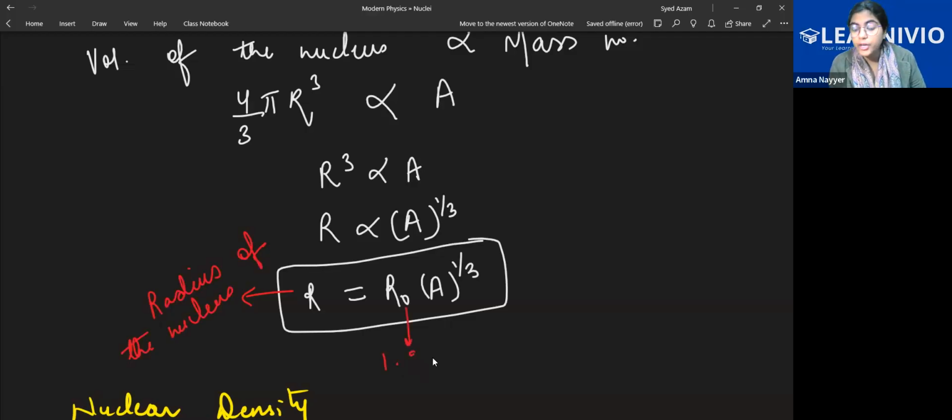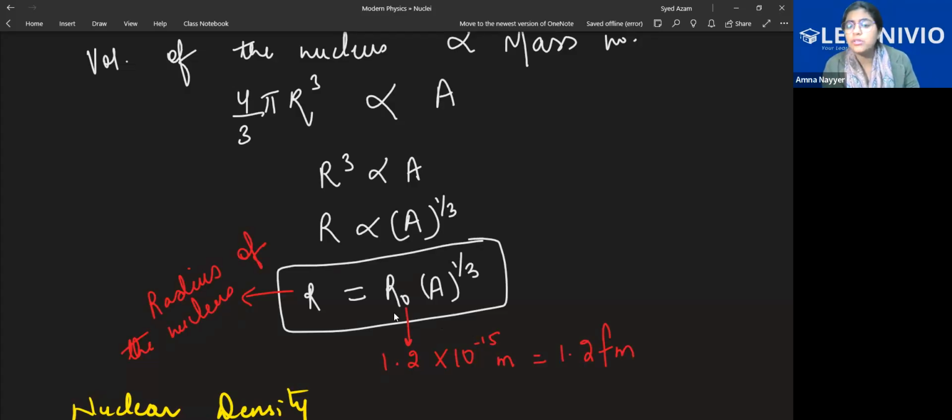That is 1.2 into 10 to the power minus 15 meters, which is written as 1.2 Fermi meters also. So if you see R naught and you want to use this in the formula, use this. Otherwise, sometimes R naught's value is also given, which may be slightly different from this, so you can put that depending upon the question.